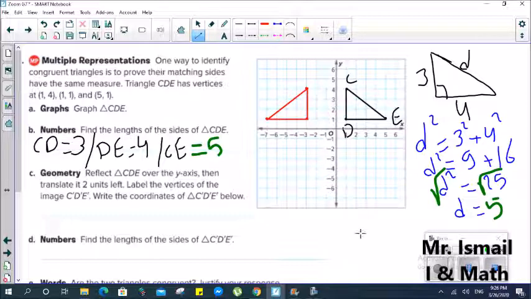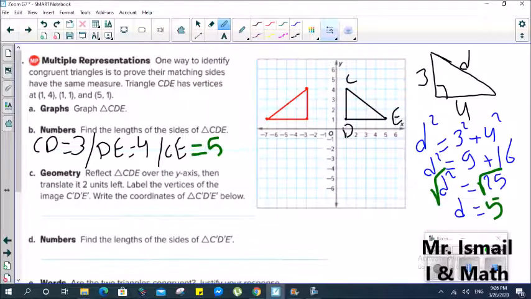Now, the points are this one, this is D prime, and here E prime, and here C prime.